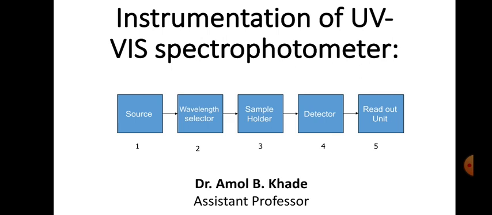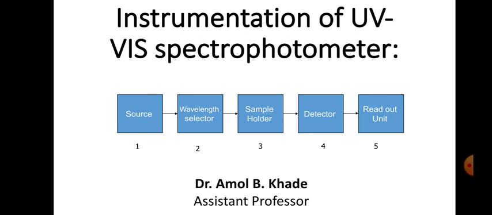How much light has been absorbed by the sample, based on that we can record a spectrum, which we refer to as a UV visible spectrum. The spectrum is a plot of wavelength on the x axis in nanometers and absorbance on the y axis.